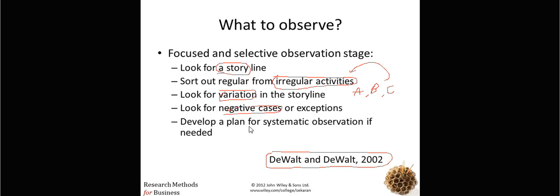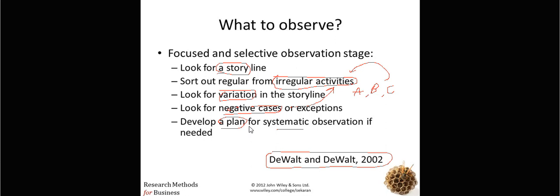Then after that, we develop a plan and we do the systematic observation if we need. So we plan, in case we want to see negative cases, where is the place? At marketing, at the plant, manufacturing, at the human resources, and so on. So we have the plan of where and what to see, who to do it, and so on.